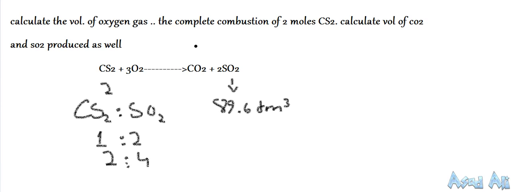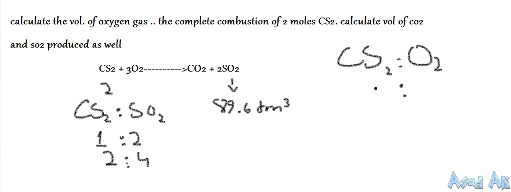We also have to calculate the volume of oxygen. To calculate the volume of oxygen, we just compare CS2 with O2. So for combustion of 1 mole of CS2, 3 moles of O2 is required.